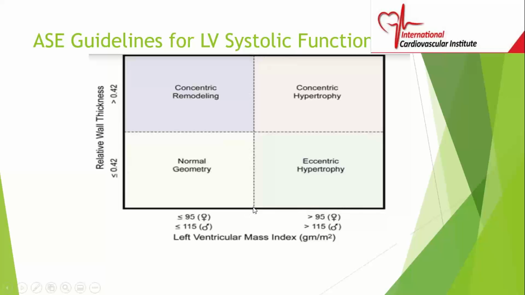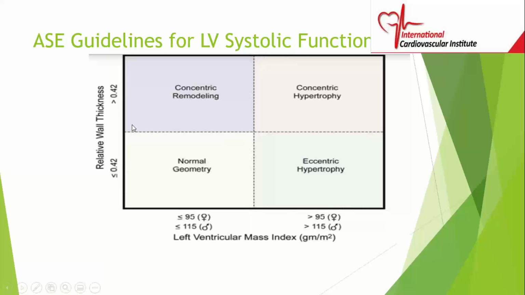Okay, so this dotted line, to the right of this dotted line is, for females, a mass index greater than 95. For males, mass index greater than 115. And then on the vertical axis, the relative wall thickness, 0.42, that's the number you need to remember. Below the dotted line, it is less than 0.42. Above the dotted line, it's greater than 0.42.